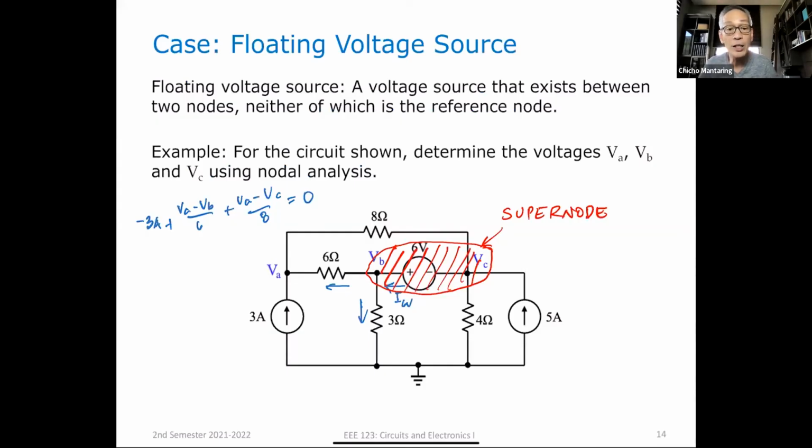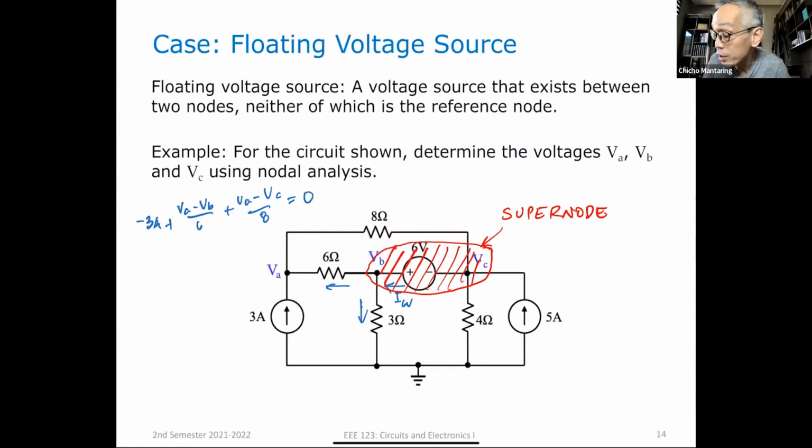In other words, all the charges that enter must be equal to all the charges that leave. So I can combine two or more nodes into a supernode and apply KCL to that particular supernode.